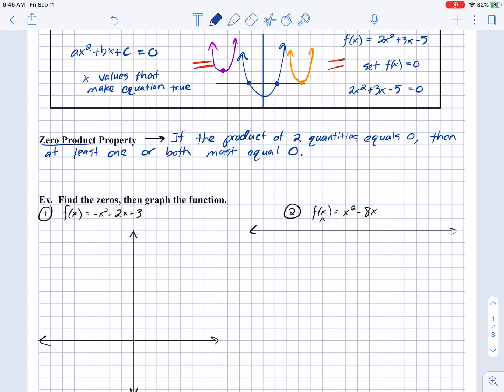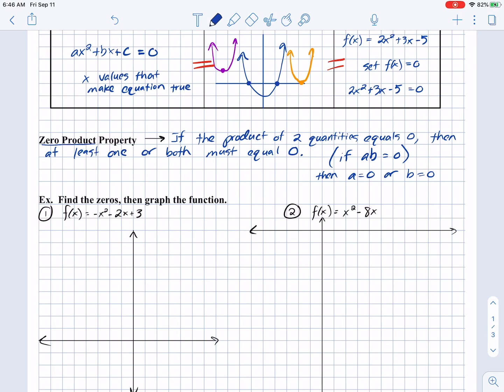Okay, and a way I can illustrate that for you is if you had some product, so A times B, and A times B equals 0, then either A needs to equal 0 or B needs to equal 0, because anything times 0 is always going to get you 0.